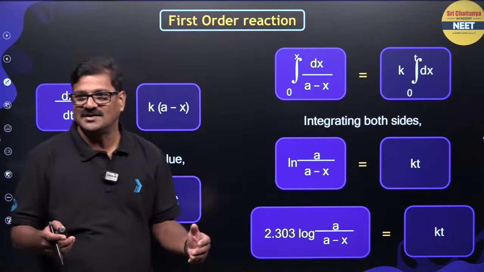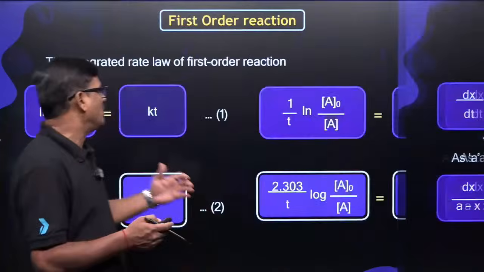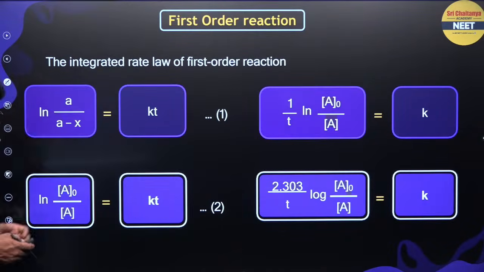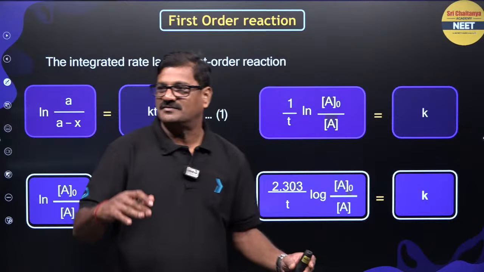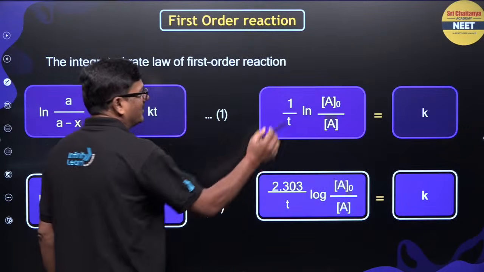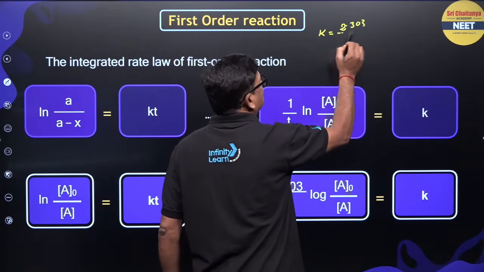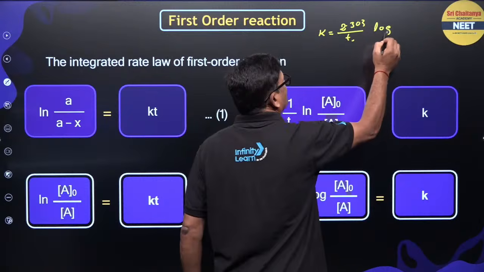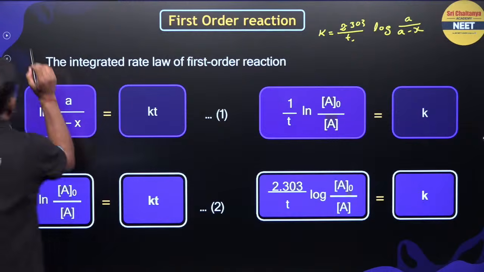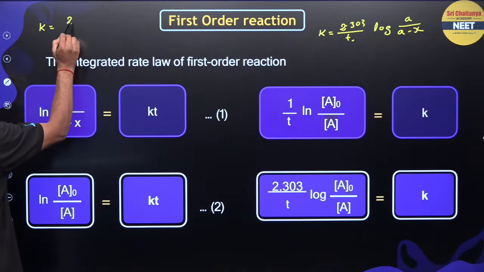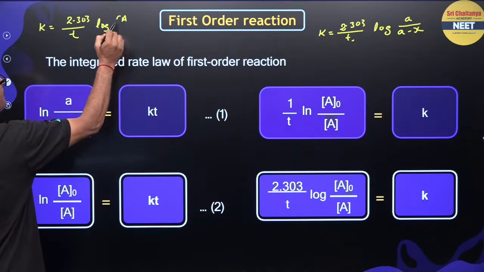So K is equal to 2.303 by t log A by (A minus X). You are going to use this expression many times whenever first order kinetics comes in various formats. My favorite format is K is equal to 2.303 by t log A by (A minus X). You can also say K is equal to 2.303 by t log A naught upon A.